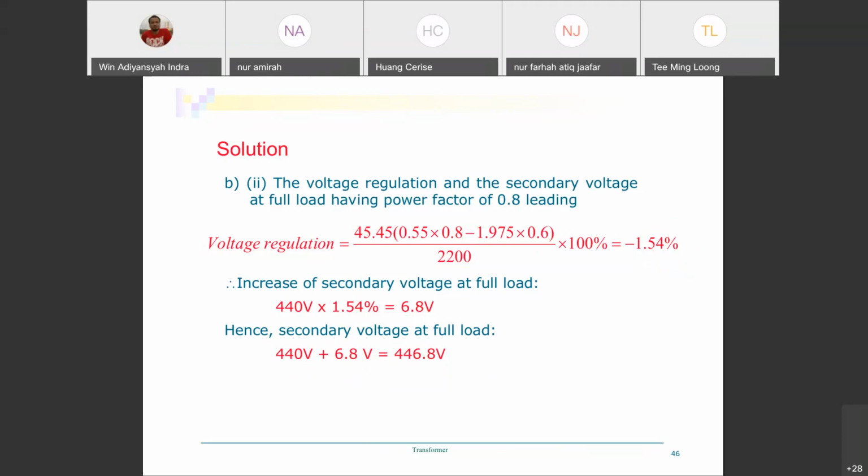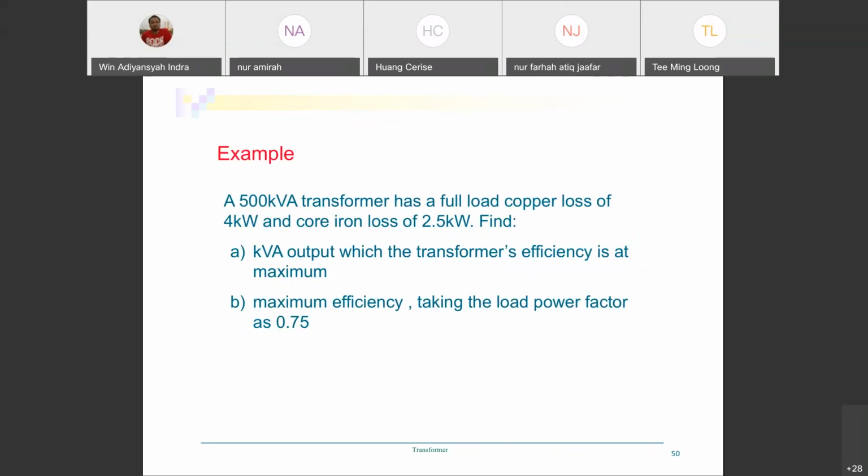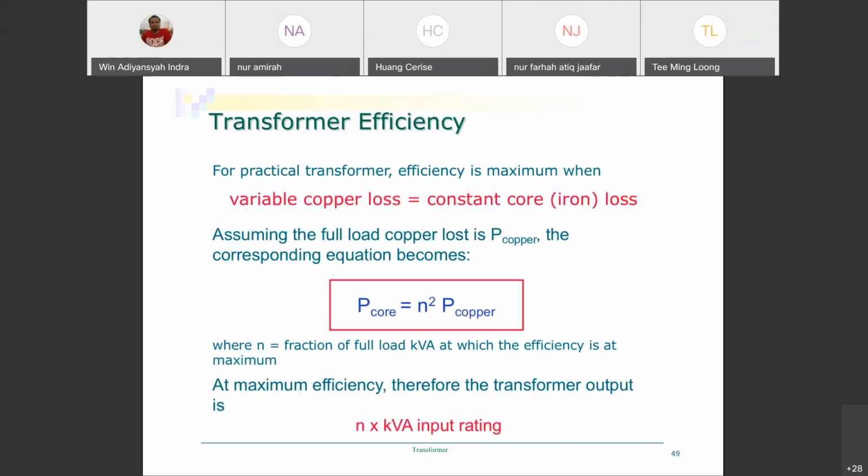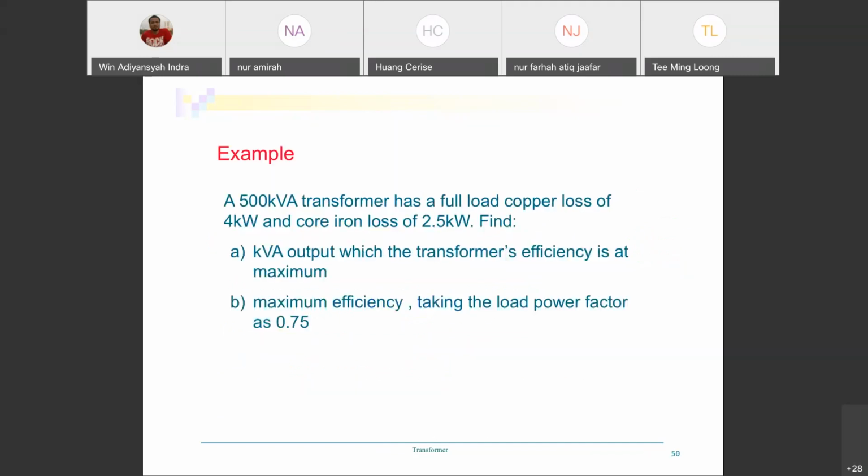Let's see another question. Oh, efficiency. Okay, so efficiency of the transformer. Let me explain this one a bit.